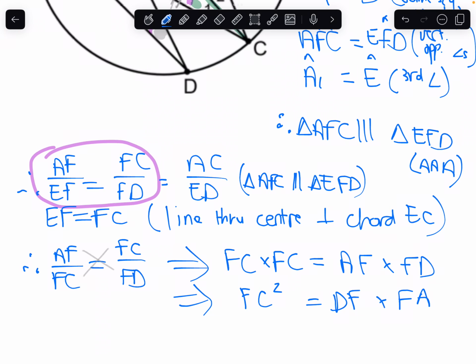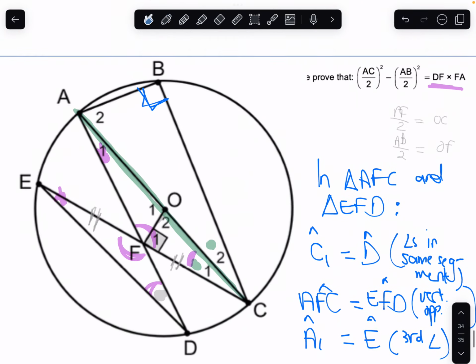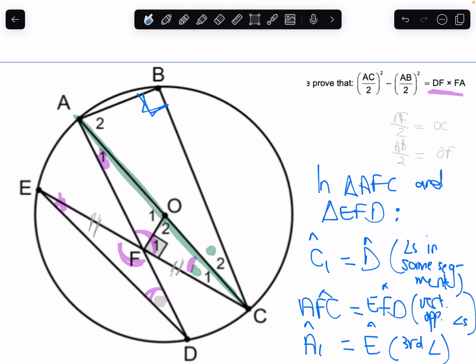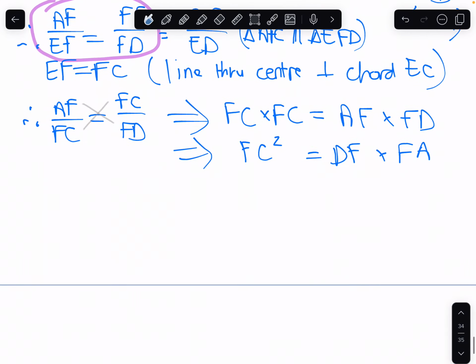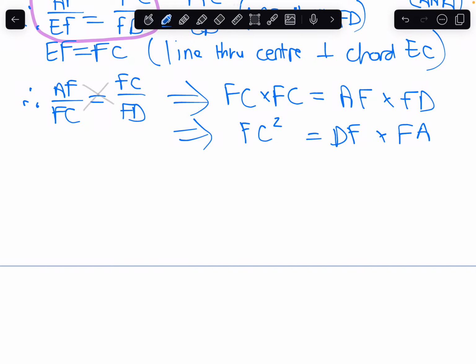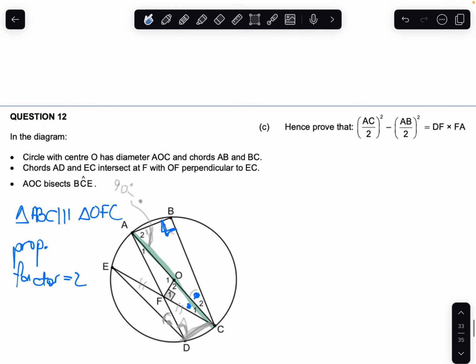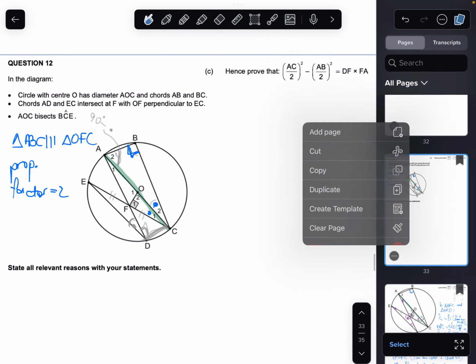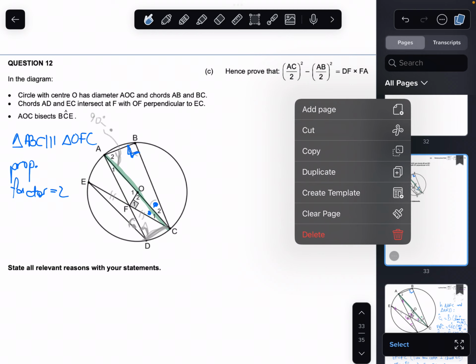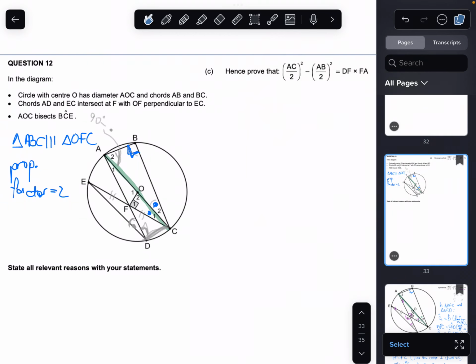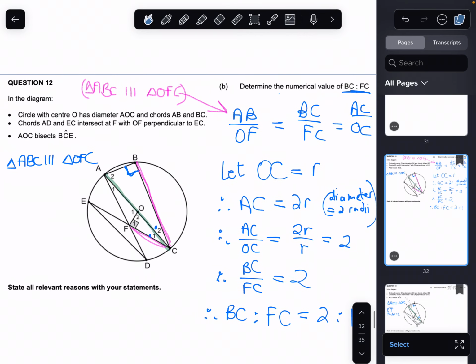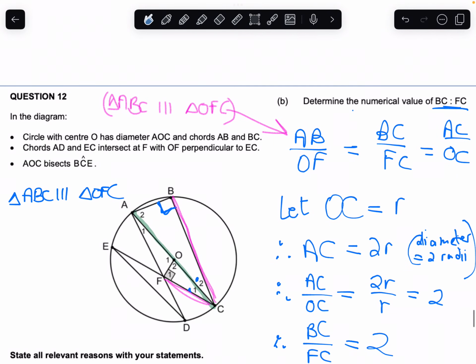We know from our previous workings that... I'm just going to copy and paste this.